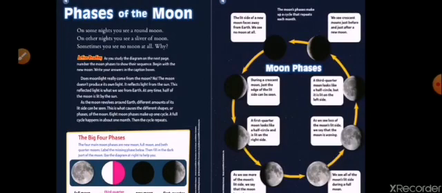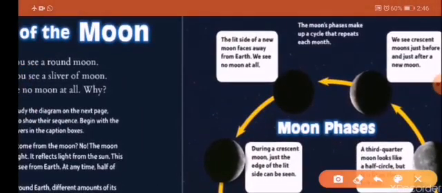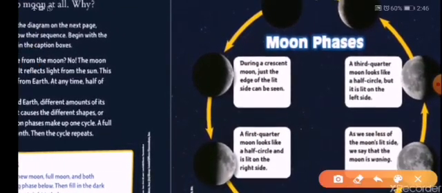Okay, any moon cycle will start with the new moon. So this will be number 1. And if you look carefully, you will find that the cycle will go from this direction. So the second moon phase will be the crescent moon. This is number 2.